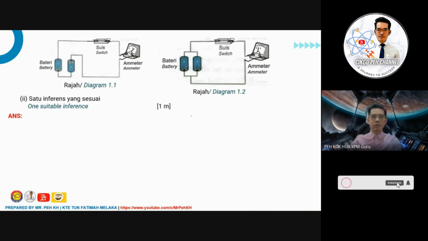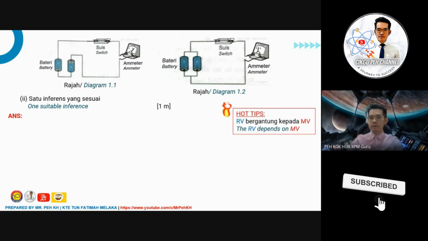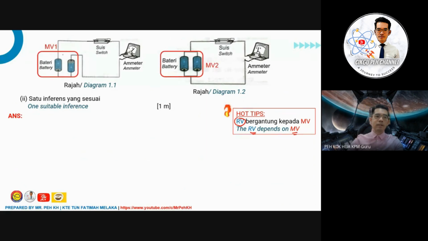The second question asks you to state one suitable inference. The inference follows this format, where you write that the RV depends on the MV. Just now we identified the MV as the arrangement of the battery, and the responding variable as the reading of the ammeter.